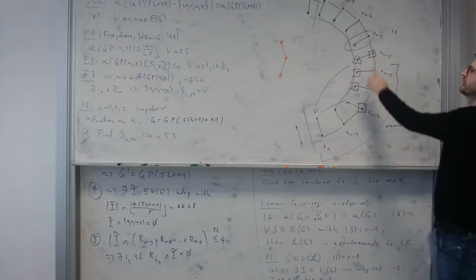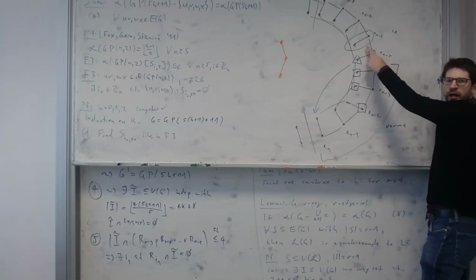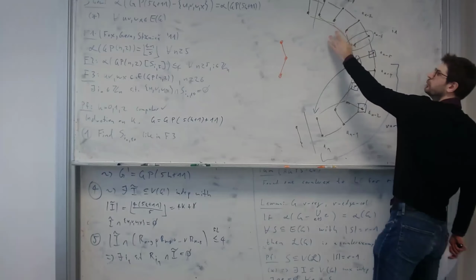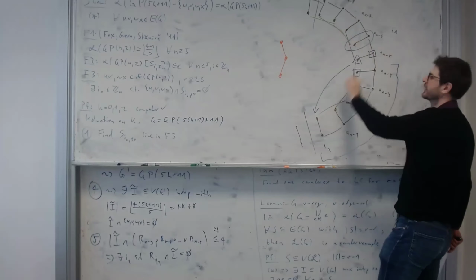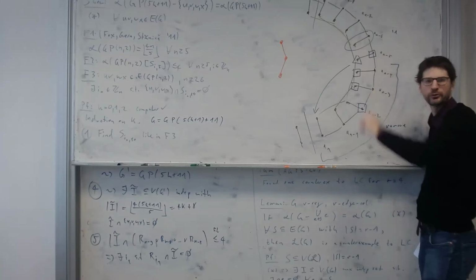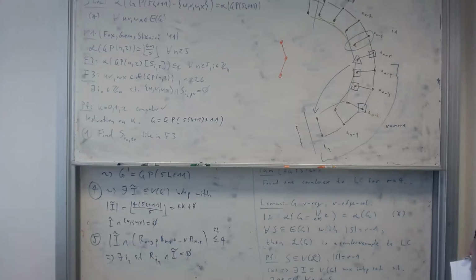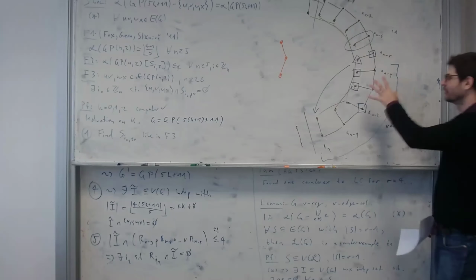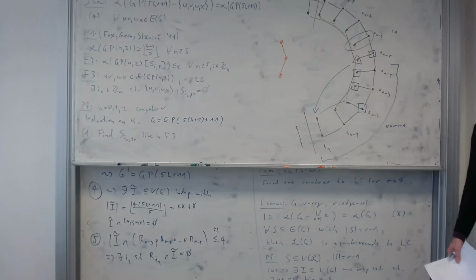Now, I also made this arbitrary decision that this one is the rung which does not intersect. It could be that one or that one, but then you move everything to the end. Like, instead of just moving one rung, we can also just move two of them to the end. And then you can do the same, and you can check that this actually also works. So that, yeah, that's the idea. So it's relatively simple. You cut out a couple of rungs to go to the induction hypothesis.